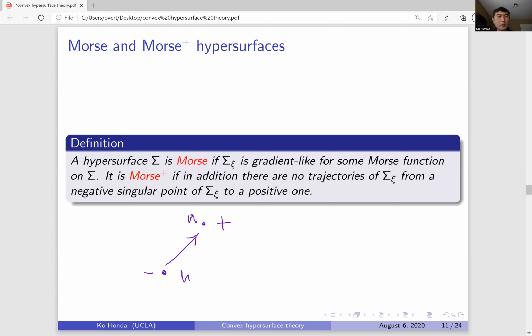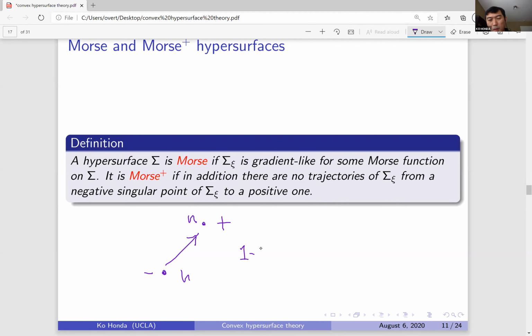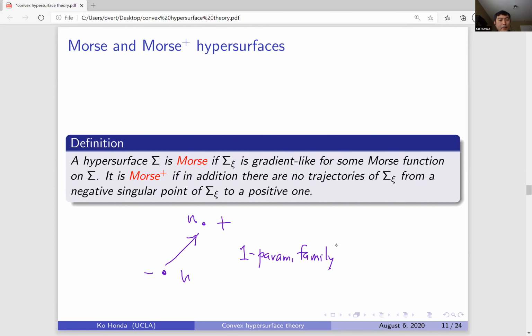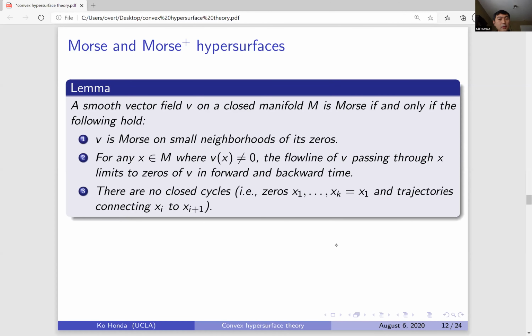And Theorem B concerns one-parameter families. So this is something that's important in a one-parameter family of Morse functions. Okay. And the following is some sort of Morse function recognition lemma. It's some sort of exercise.